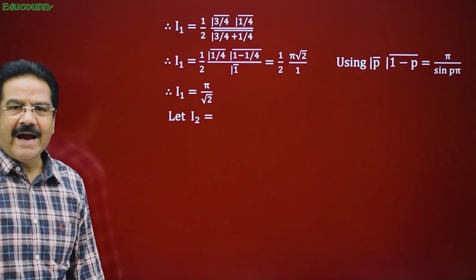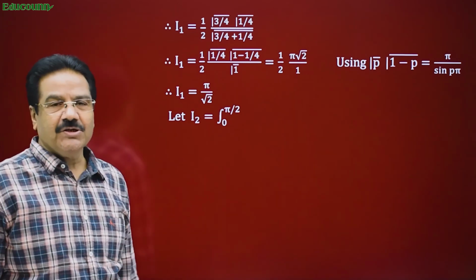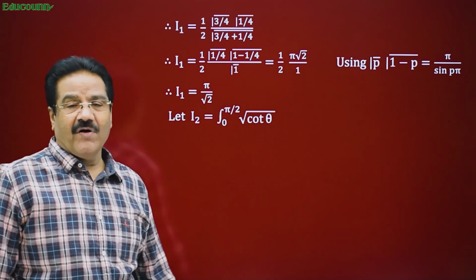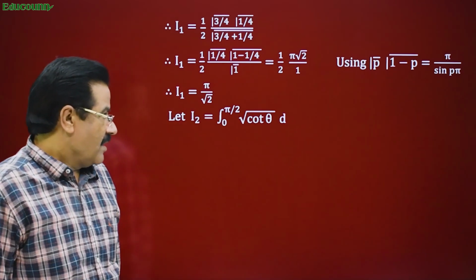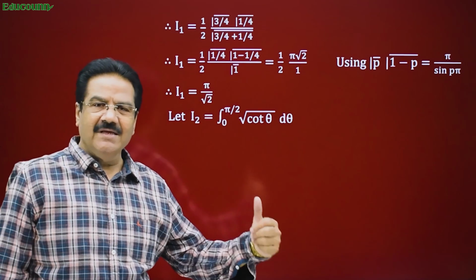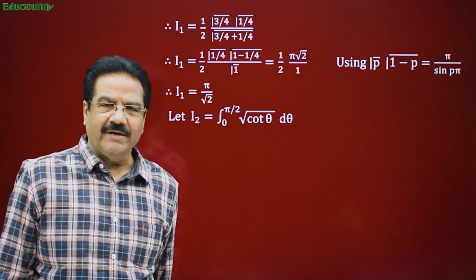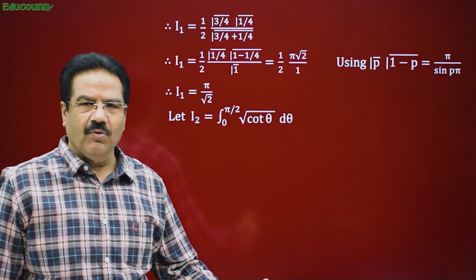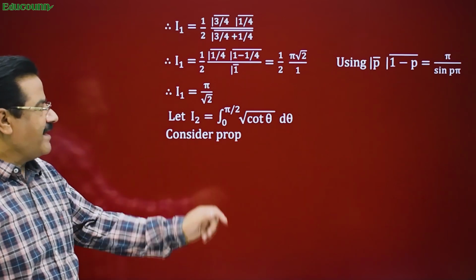Now we are going to solve I2, the second integration. So let I2 be equal to the integral from 0 to pi by 2 of root of cot theta d theta. Now we have a shortcut to solve this I2. Why is there a shortcut? For that, we must know the property of definite integration.